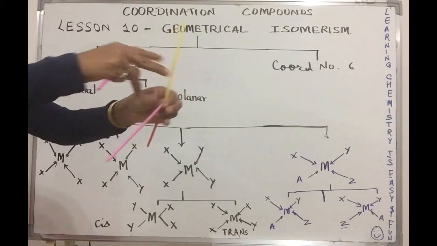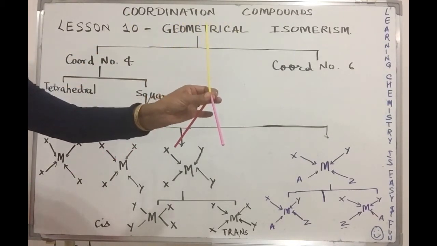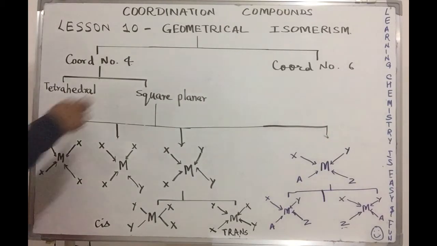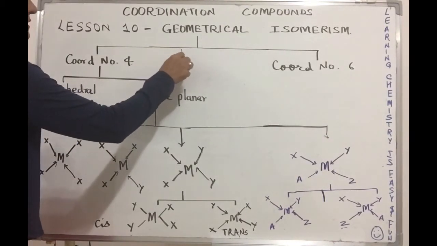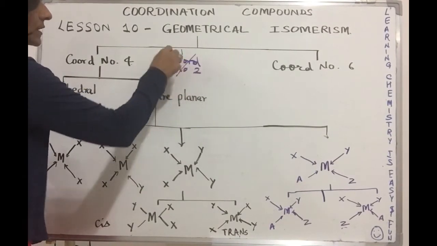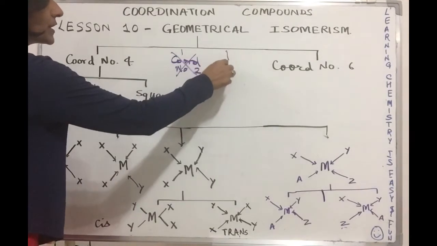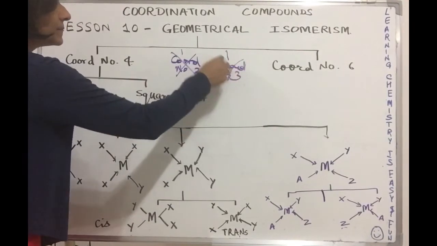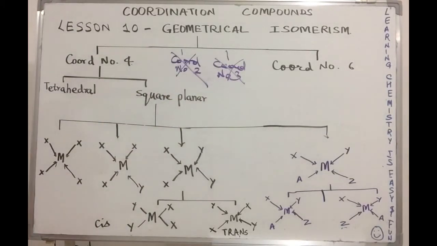The bond angles are all the same, 120 degrees. So coordination number 2 and coordination number 3 are ruled out. That is why you will notice over here on the chart, I have put a cross for coordination number 2 and coordination number 3. They do not show geometrical isomerism.